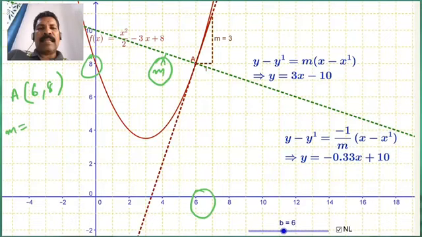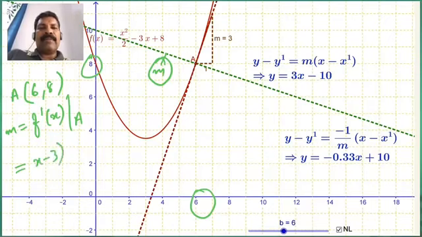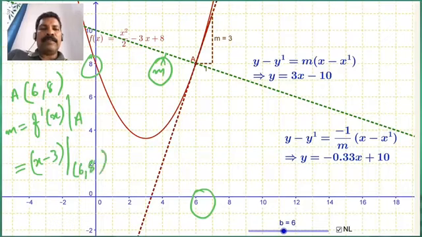So here m is nothing but the derivative value at capital A. That is x minus 3 is the derivative, and we have to put 6, 8. Here there is no y, so we need not substitute it. Only x is in the derivative, so we have to substitute x equal to 6. So 6 minus 3, that is equal to 3.